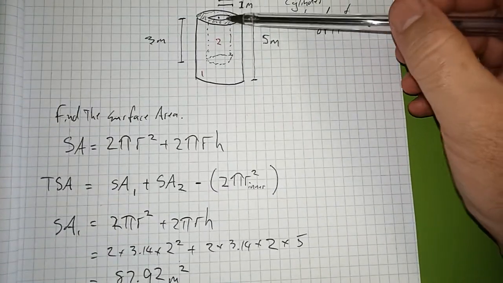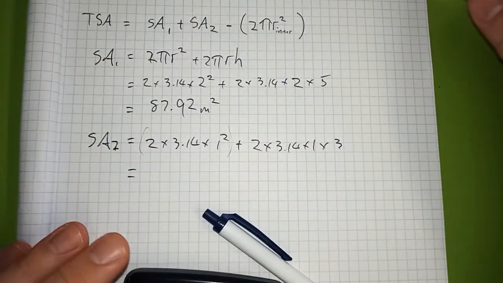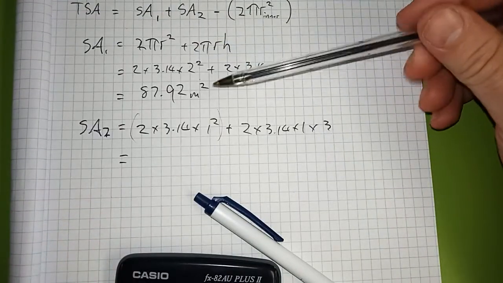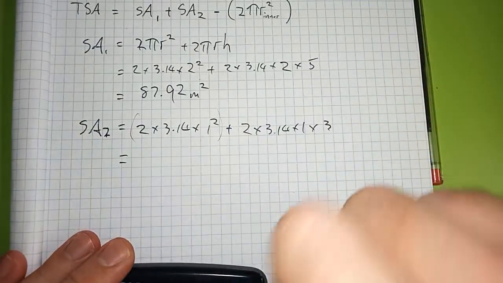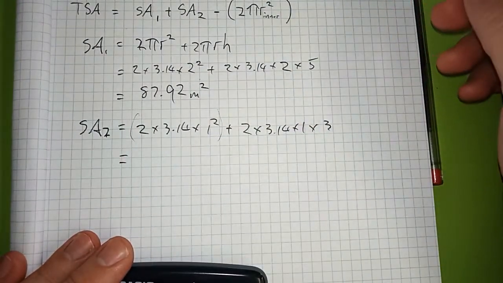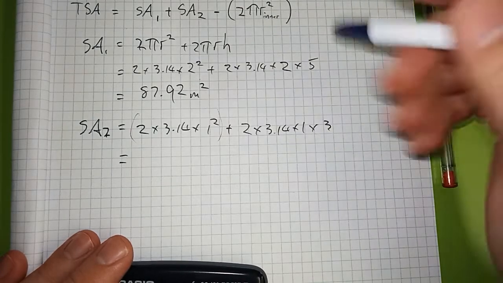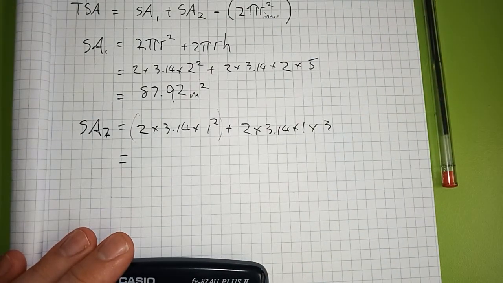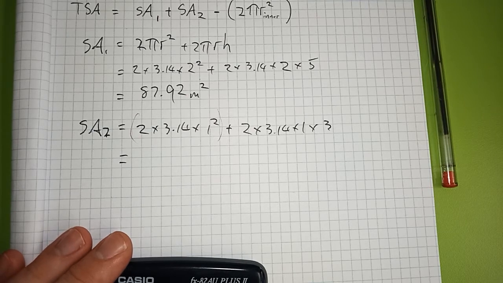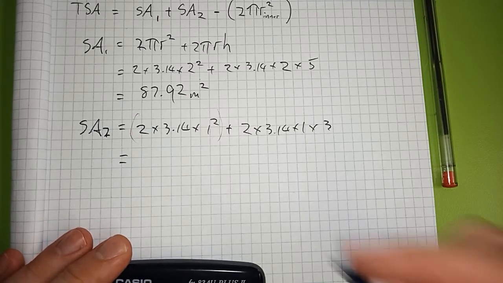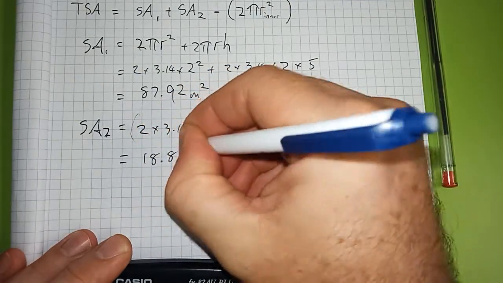So to save myself some work now, I'm not going to calculate that, and that means at the end I don't have to take it off. So 2 by 3.14 by 1 by 3 equals 18.84.